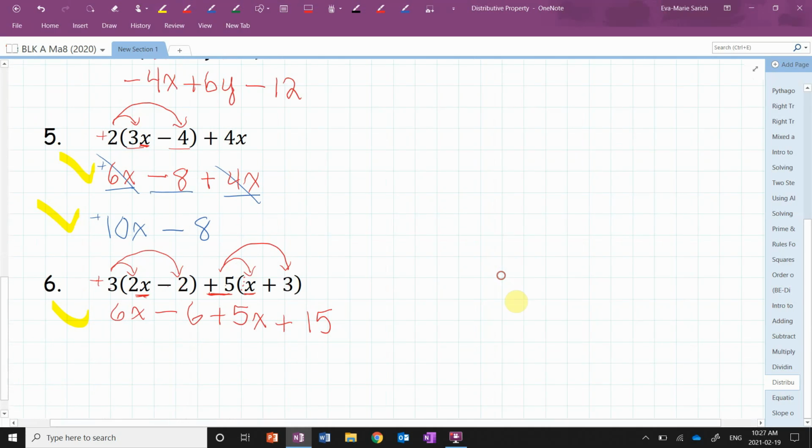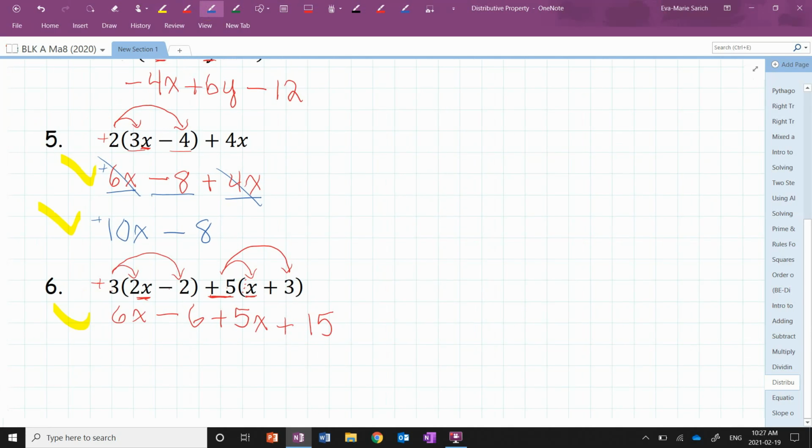A second part by adding any like terms together. So put your variable terms first. So x's go with other x's. Again, this is an invisible positive, so hot added to more hot gets hotter, so that's 11 x's. Cross them off. And then now we have negative 6 added to positive 15.